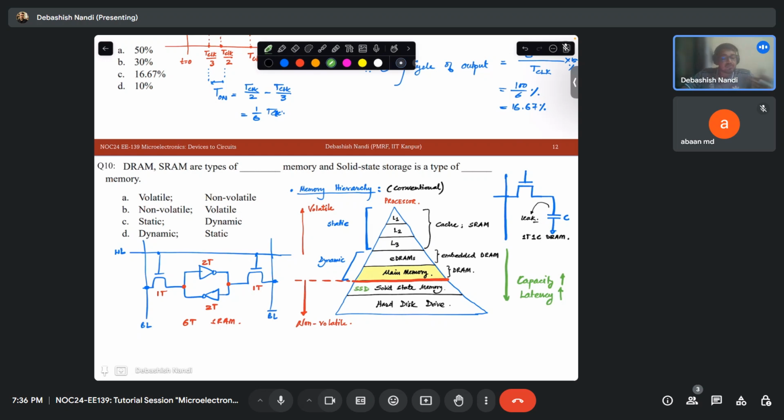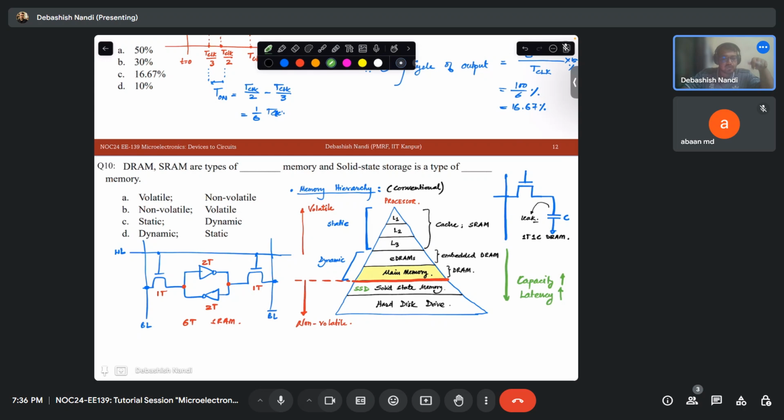Even when you switch off your laptop, that is not erased, right? When you reboot your laptop, whatever files, folders, videos, documents you have saved in your SSD do not get erased. And what about HDD? HDD is the external hard disk you use, the magnetic one. Hard disk drive.